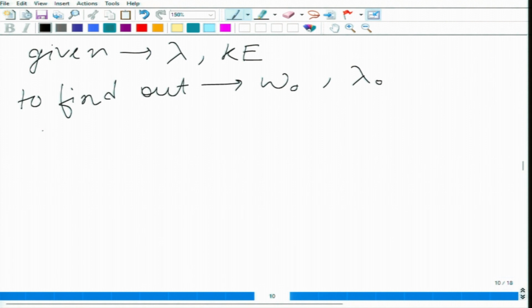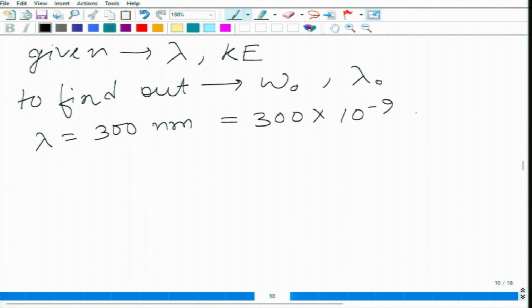So first of all, we are given with lambda, that is 300 nanometer. If we convert it into SI unit, it will be 300 into 10 to the power minus 9 meters. Now we know that energy is equal to work function plus kinetic energy.